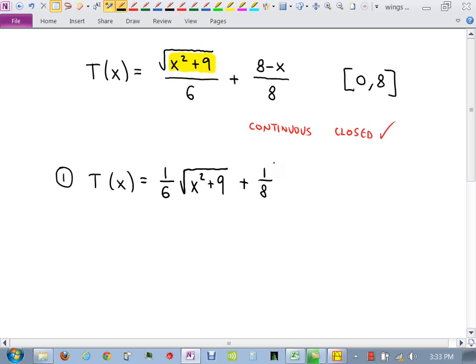How about we make it 8 over 8 and then make the other one negative x over 8? Is that okay? So it'll become 1 minus, instead of x over 8, I'm going to write 1/8 x. Because when you have a square root of a sum, you cannot do the square root of each one. It's only if you had a product in there.